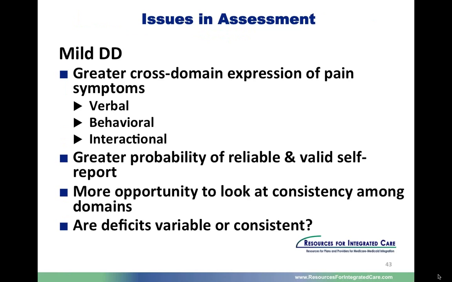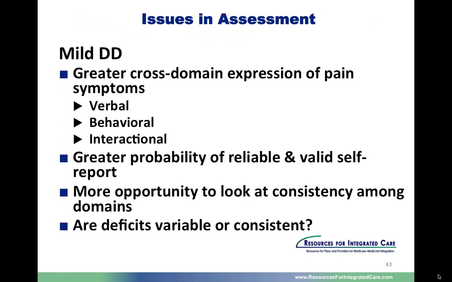We would also be able to look at the consistency among the different areas of functioning. So we're looking at behavior, we're looking at self-report, we're looking at emotional functioning, we're looking at interactions. And we expect at a mild level of disability to see some consistency and indications of pain across these different areas if the person has an onset of a pain problem or the worsening of a pain problem.